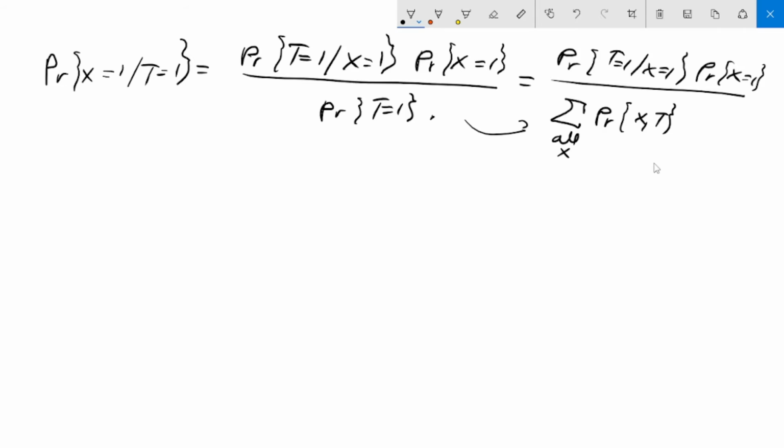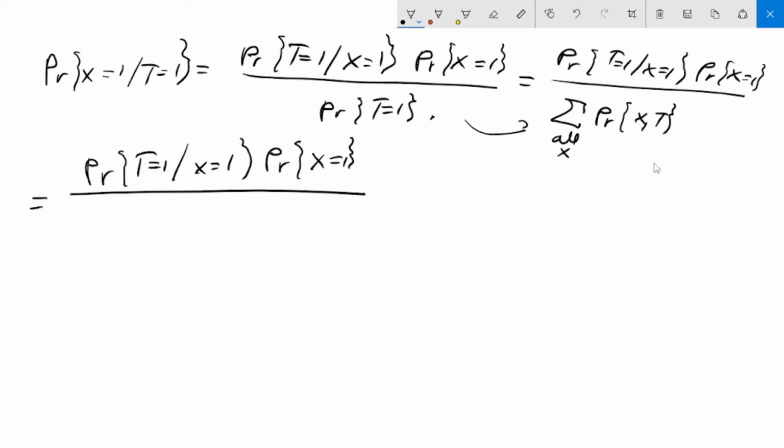However, we can still decompose this denominator, because we don't have this value here, and the decomposition is going to be equal to the following expression. We keep the numerator the same, but now we decompose this joint probability into a conditional probability times the prior, exactly as in the denominator, and we sum over all the values of x.